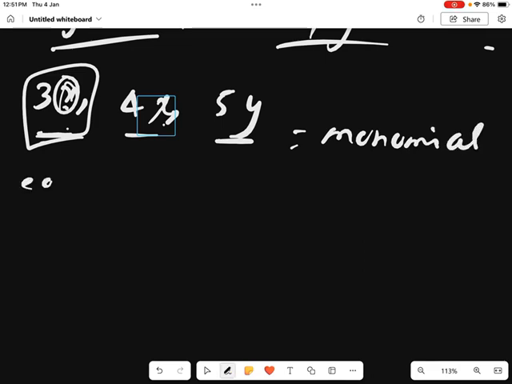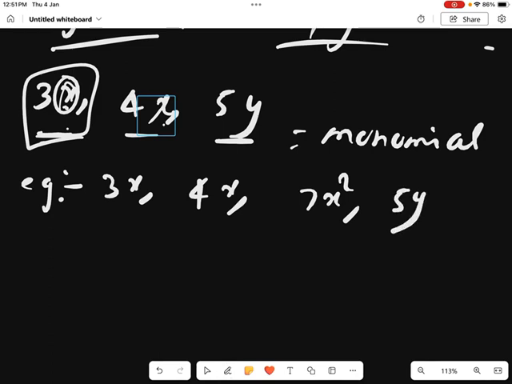The examples of monomial are 3x, 4x, 7x square, 5y.